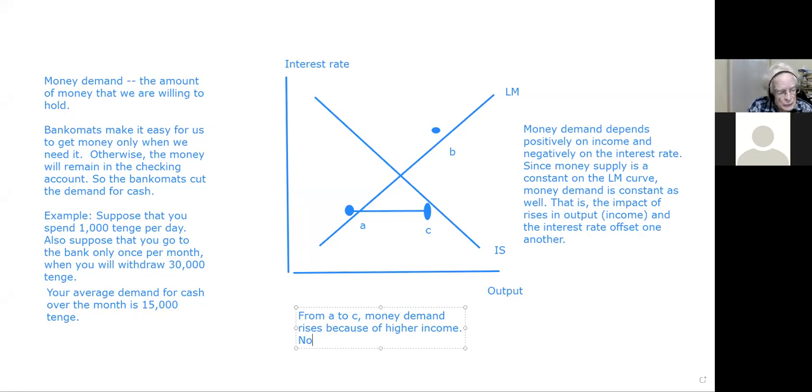Now, money demand at point C is higher than at point A. Thus, at point C, we have excess money demand.